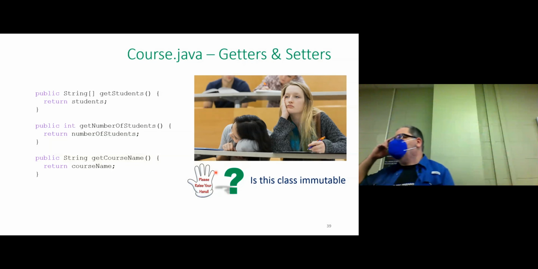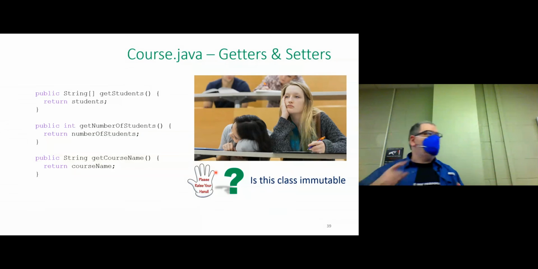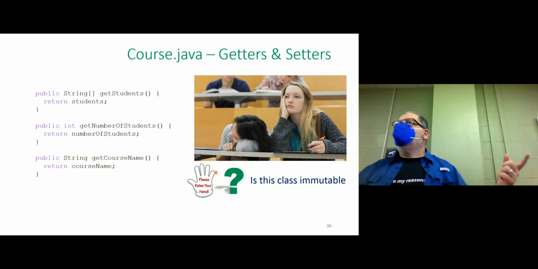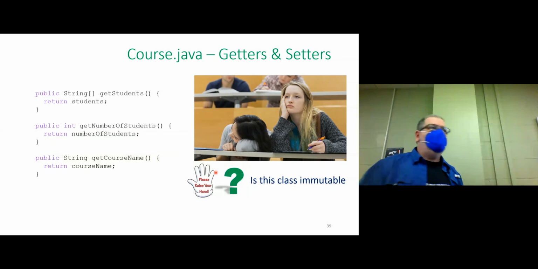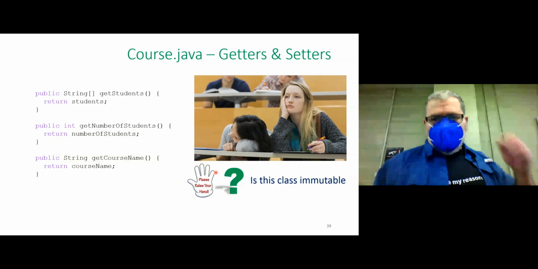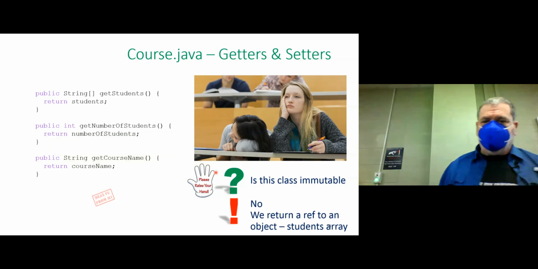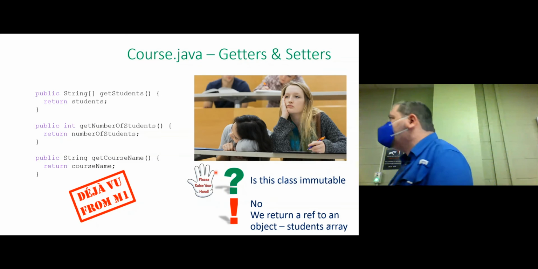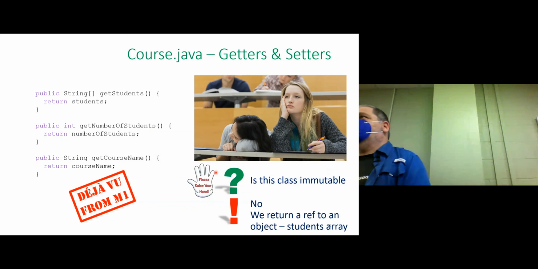If you didn't wake up that morning thinking, I want those other programmers in my team to be able to create an object, then get a reference to the student array and maybe erase a few students from there, if you are not okay with that, then you should protect against it. Bottom line, okay?